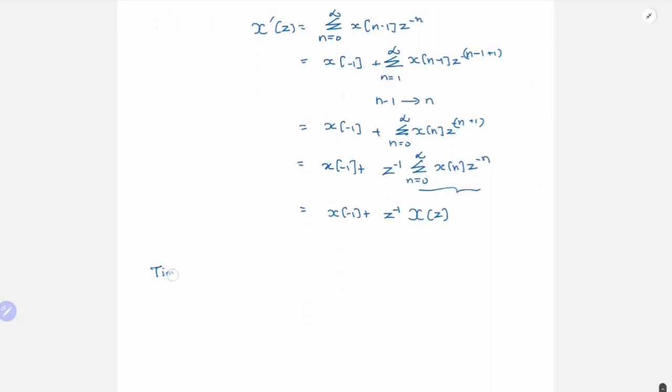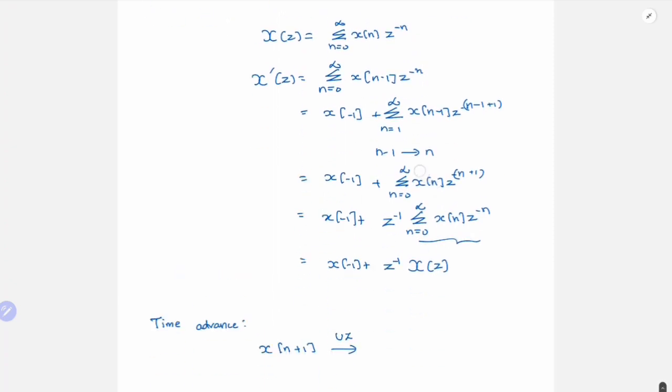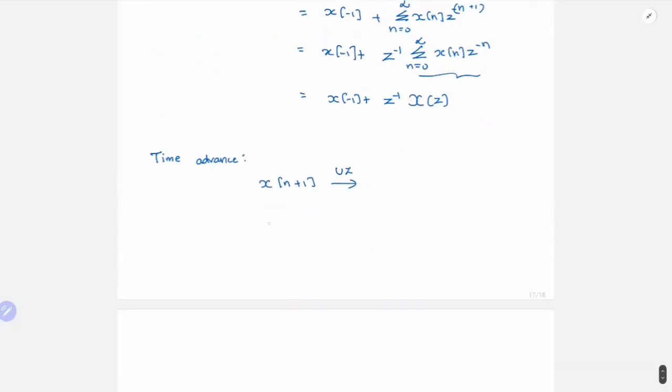So similarly, your time advance. If you have x of n plus 1, what will be your unilateral z transform? We'll again see that x double prime of z is equal to summation n equal to 0 to infinity x of n plus 1 z power minus n.